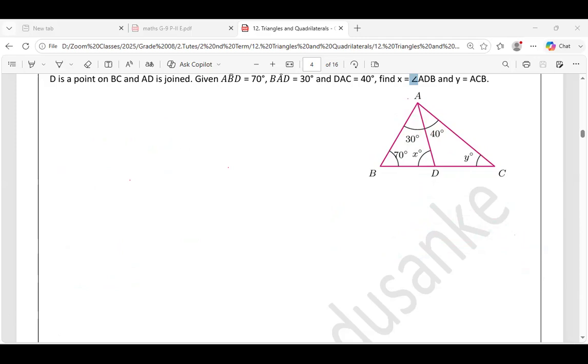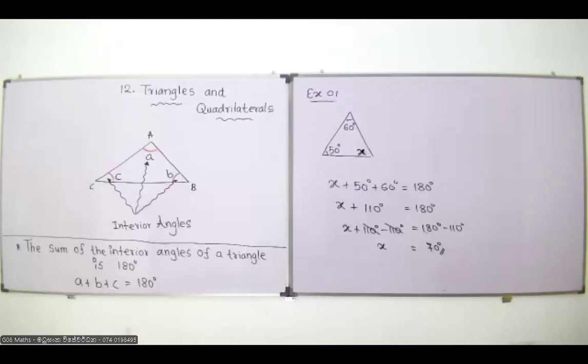Okay, I'll come to the board. Then I will explain the sum of the interior angles of a quadrilateral.